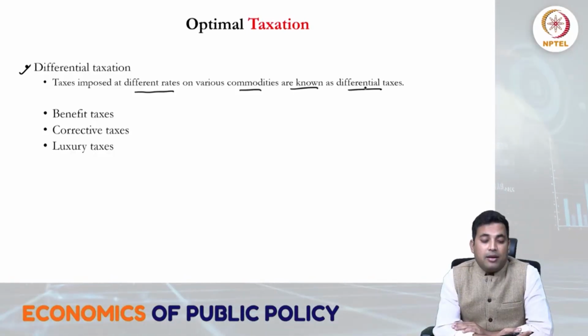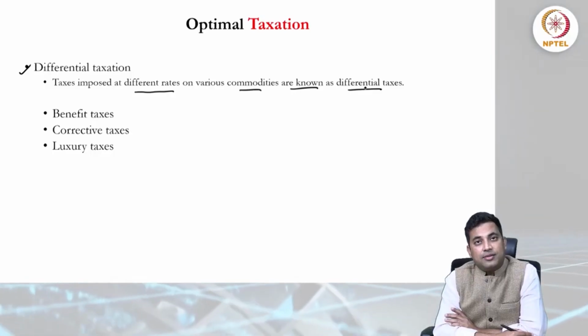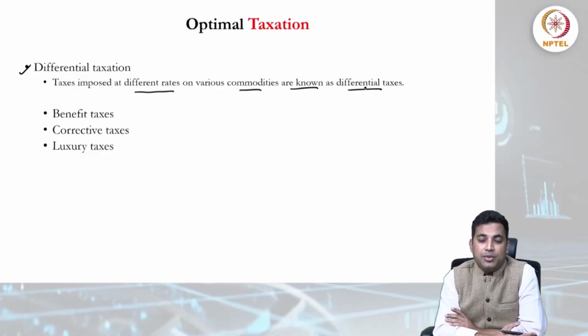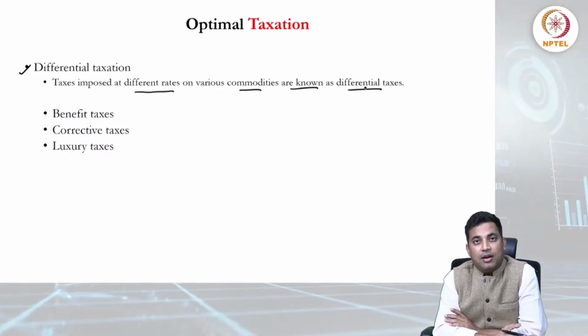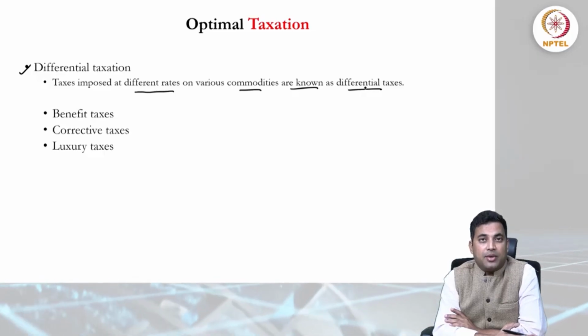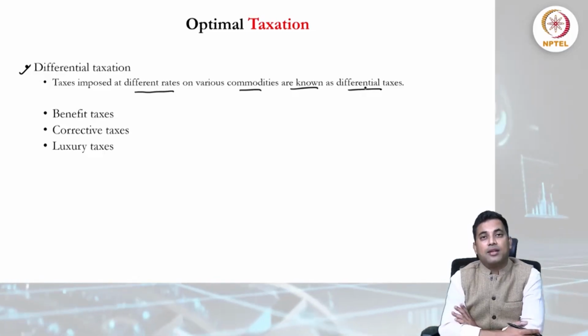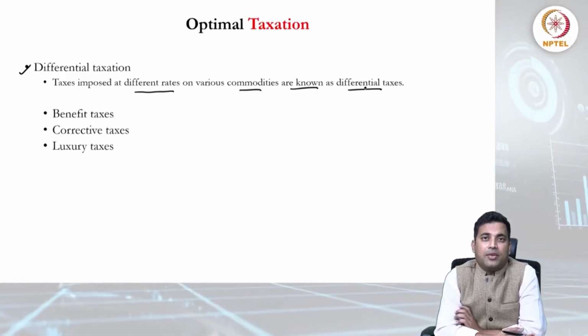There are three taxes that we are talking about here. One is benefit taxes. Benefit taxes are when we use certain services and pay certain taxes for that particular use. One can imagine airport lounges or, say, restaurants.